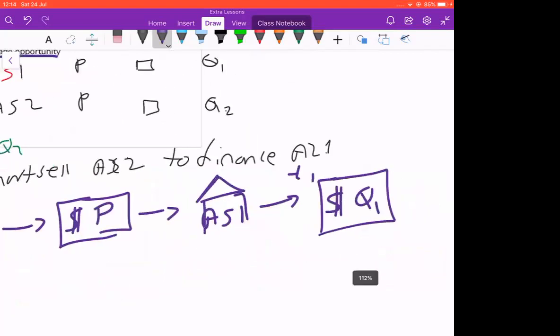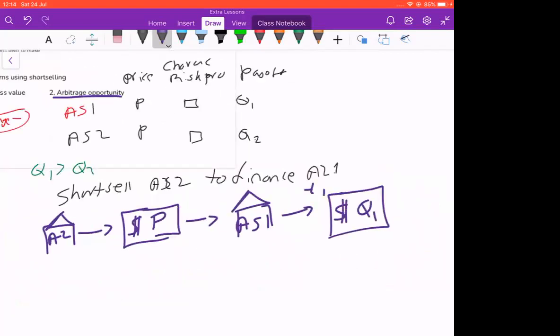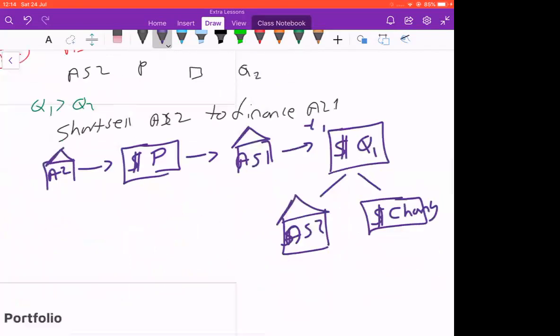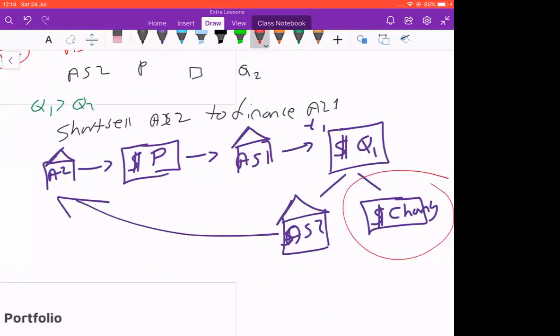From here, you use Q2 to buy back asset 2, S2, and then you will have some money left. I'm going to call it change. And then you take asset 2 back to its owner. So it simply means that you have your profit over there.